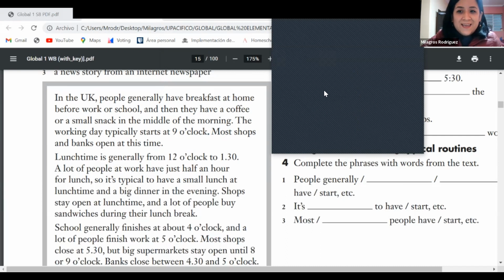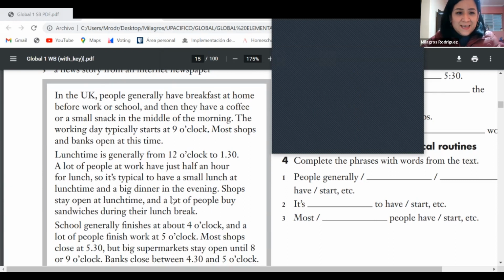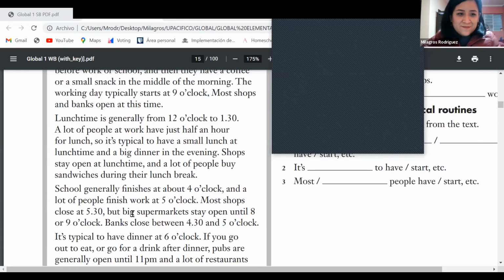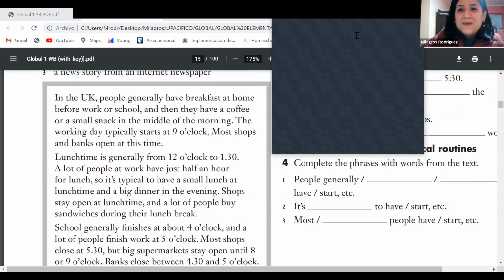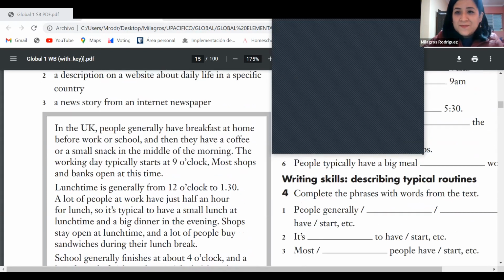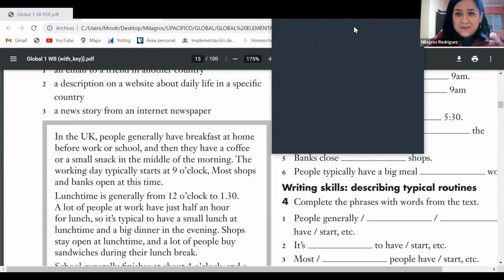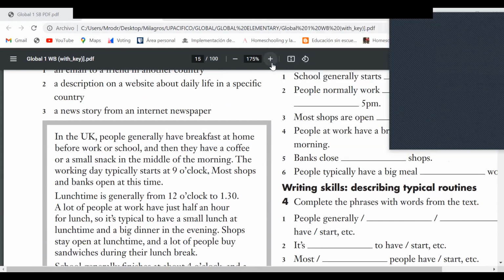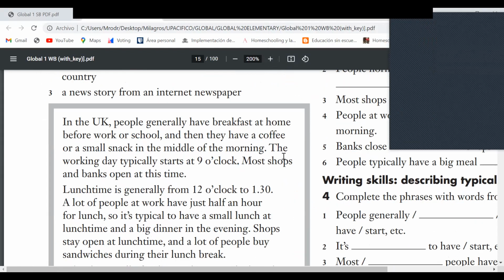Isabel, tú vas a leer el tercer párrafo. Y Luz Chumbe, vas a leer el cuarto párrafo. Ok. Ya, empezamos. Okay, Miss. Say UK, right?